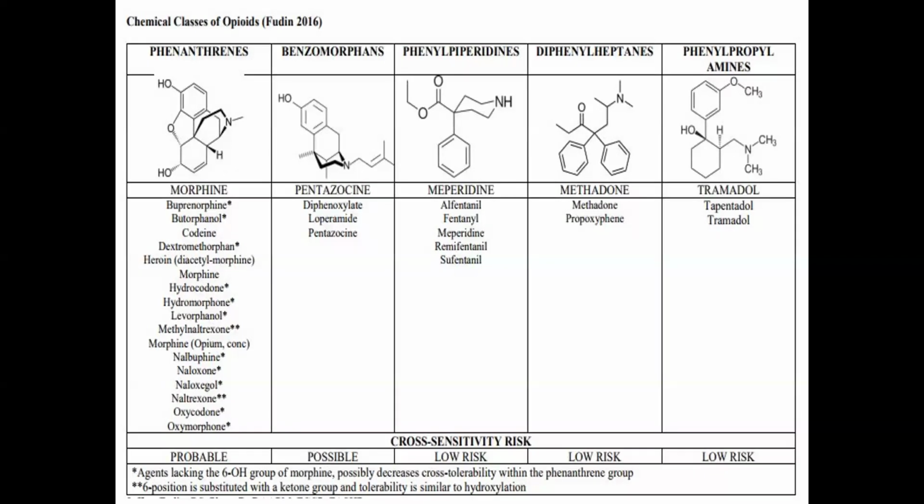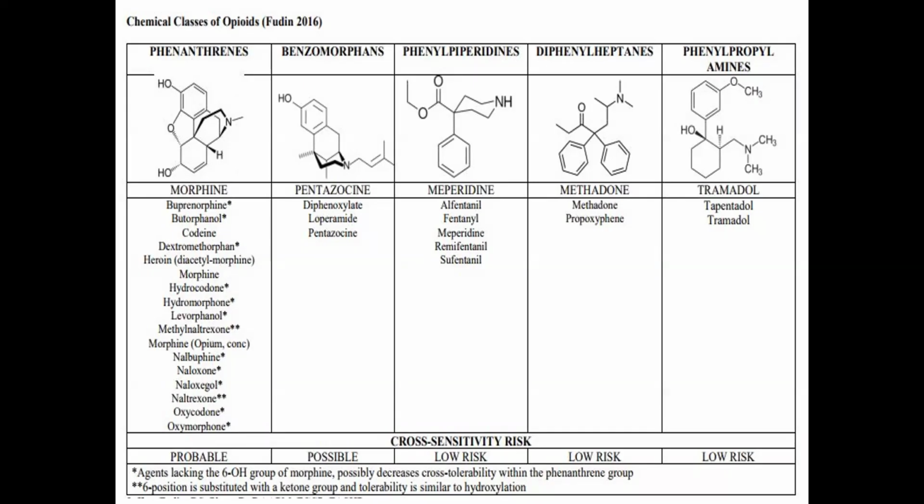The ones that have a 6-hydroxyl group, such as codeine or morphine, have specific features. They can cause hallucinations, for example. They can cause itching. They can cause different side effects related to this 6-hydroxyl, nausea, and so forth.